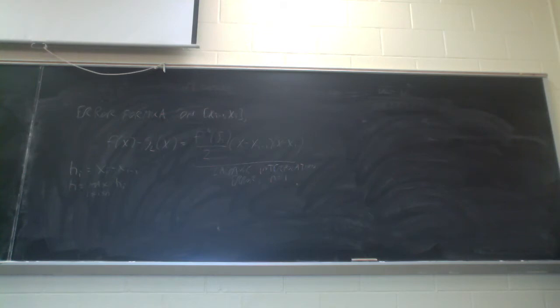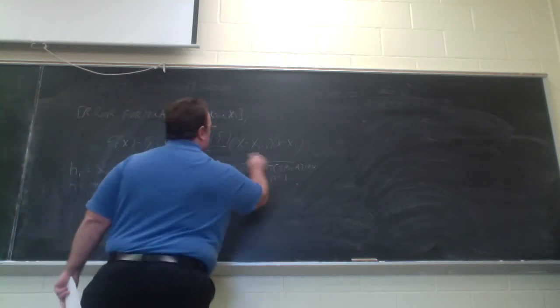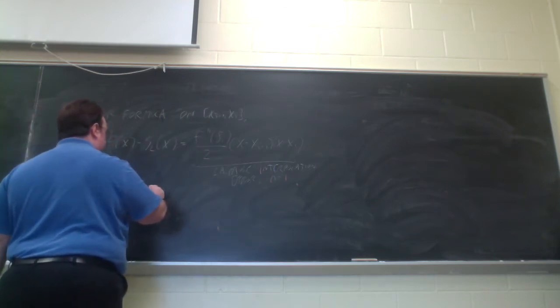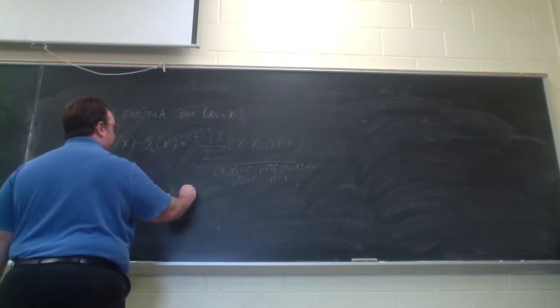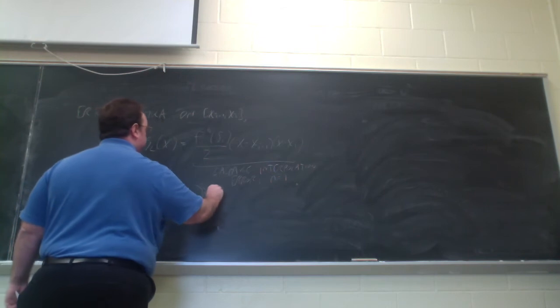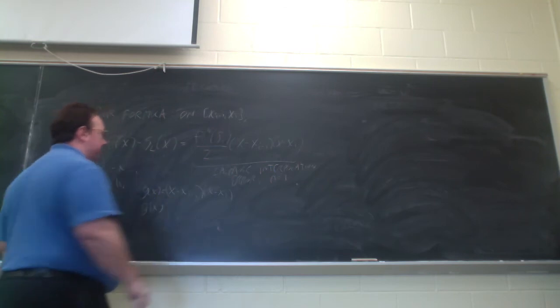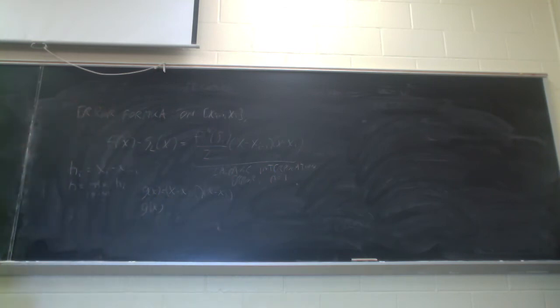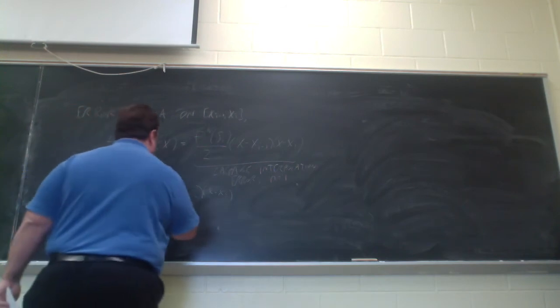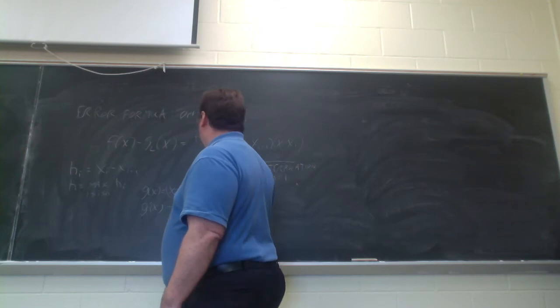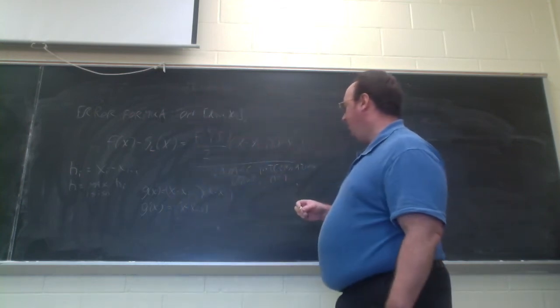Now, I want to find out how large this product of linear factors can get. So if I define a function g of x to be (x minus x_{i-1}) times (x minus x_i), I'll find the extreme values of it. I'll take a derivative, set it equal to 0, and all that. So g prime, and I'm not going to multiply this out; I'm just going to use the product rule, which is a little bit easier.